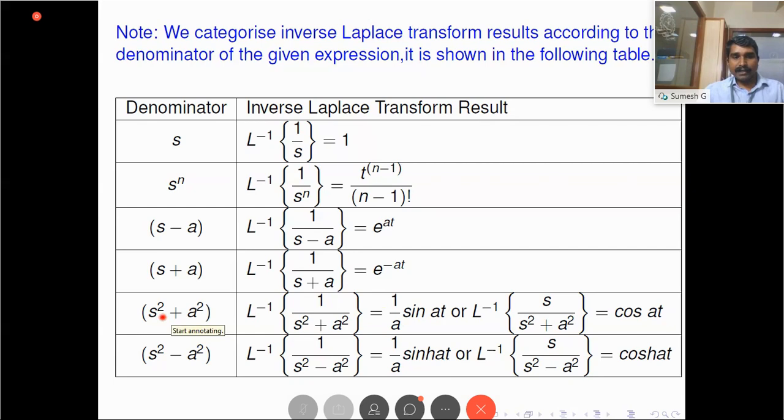If the denominator is s square plus a square, then there are 2 options according to the numerator. If the numerator is 1, then we have to use the result inverse of 1 by s square plus a square equal to 1 by a sin at. And if the numerator is s, we have to use inverse of s by s square plus a square equal to cos at.